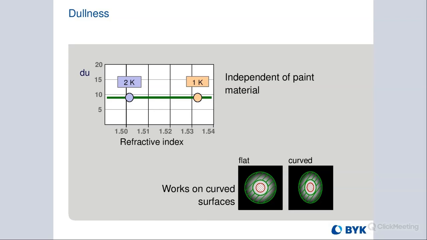If we were using a gloss meter, we could have two completely different values because gloss is affected by the refractive index. The other important part is that you cannot use a gloss meter easily on a curved surface. You can get a lot of variation. This instrument with this DU value, or dullness value, also works on flat or curved surfaces.